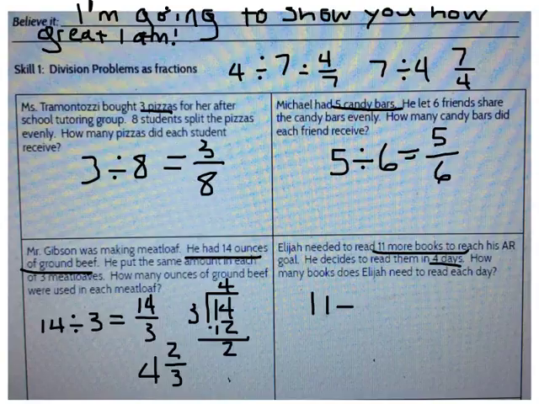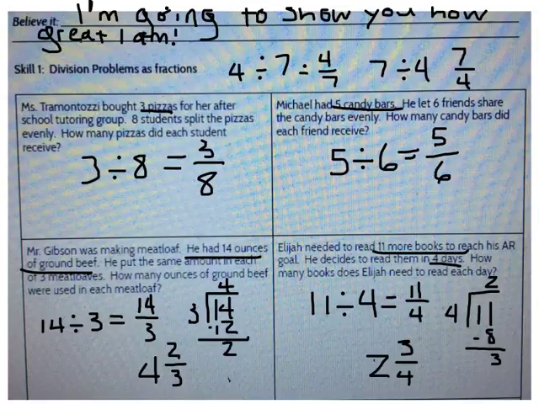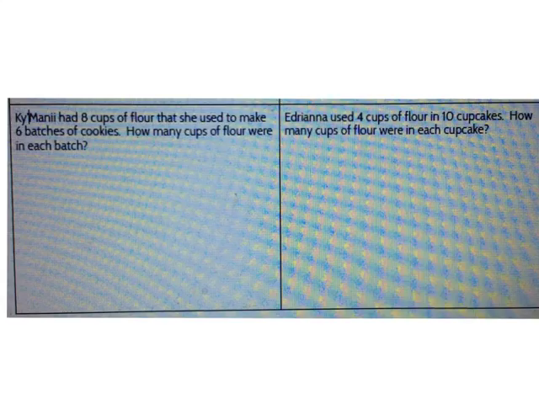It's 11 divided by 4. How would I write 11 divided by 4 as an improper fraction? It's 11/4. Go ahead and change 11/4 into a mixed number now. When 11/4 is written as a mixed number, the answer is 2 3/4.